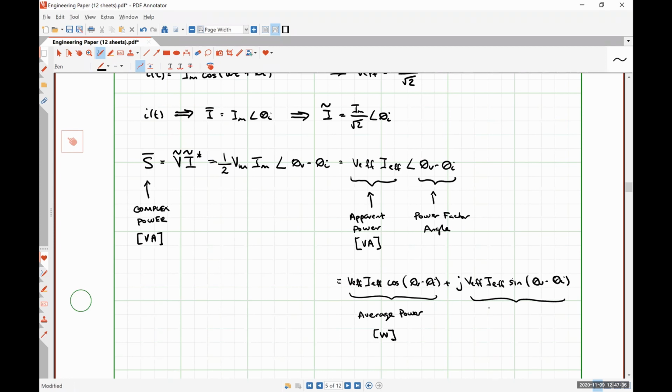And this whole guy right here is the reactive power measured in VARs, or volt ampere reactives. Okay.